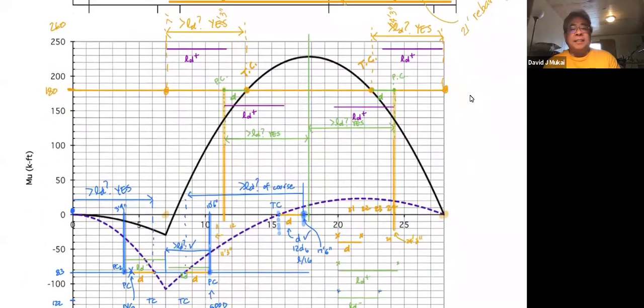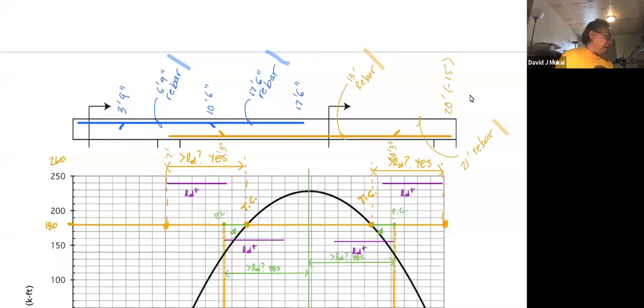What it says, these beams will explode when you cut the bars if the bar is in tension when you're cutting it. Okay, so I want to cut here and I want to cut there.